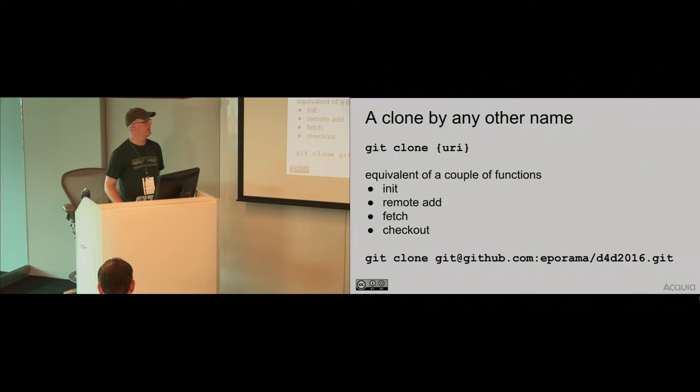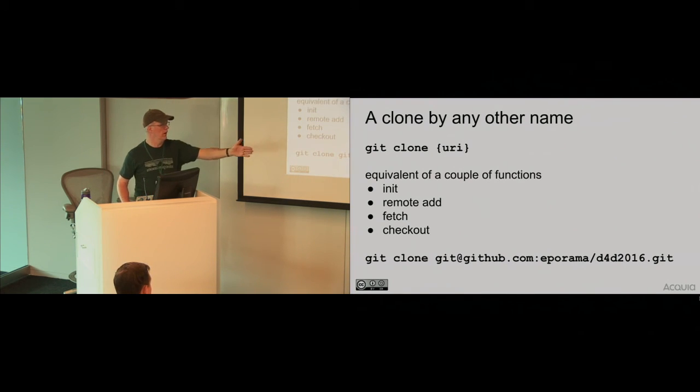So git clone is something you'll hear a lot. If you're going to clone a repo from GitHub, or clone the repo from Drupal.org, clone is basically the same as doing an init, adding the remote, doing a fetch and pull and checkout, all wrapped up into one thing. So if I said git clone and then that URL, it adds that as a remote.